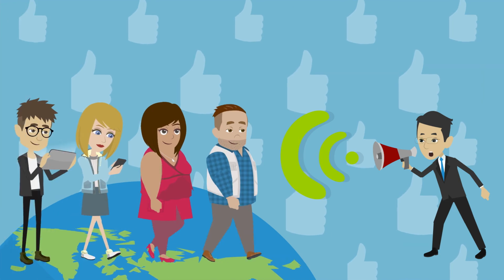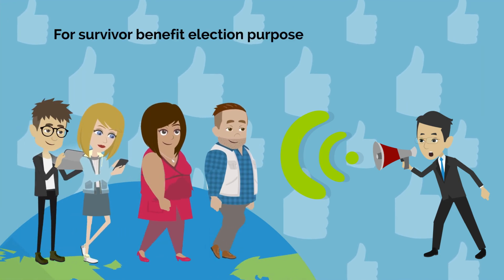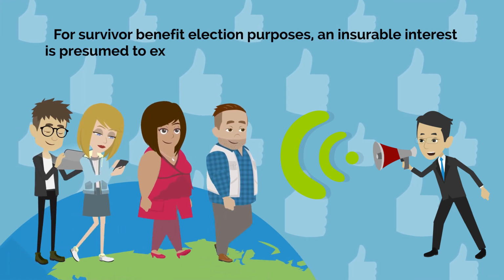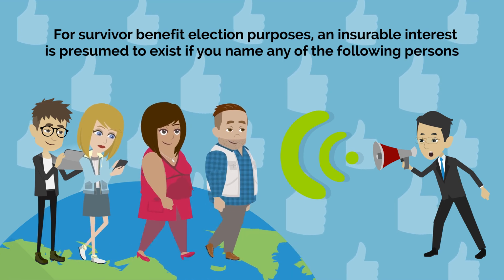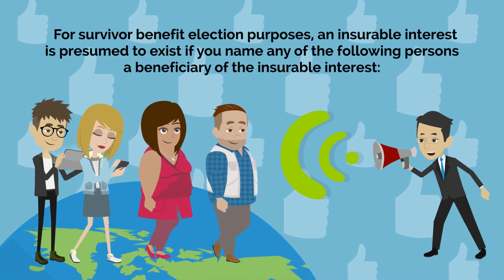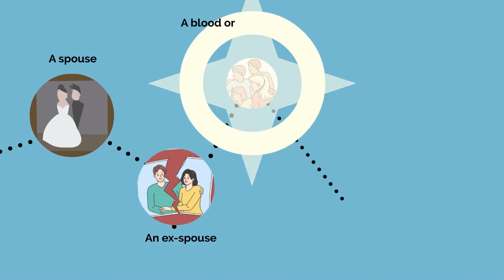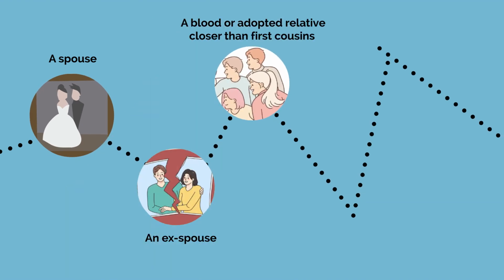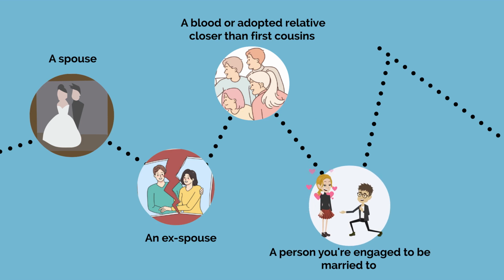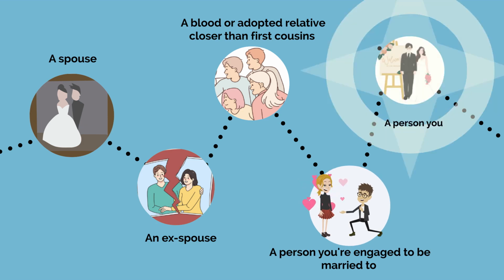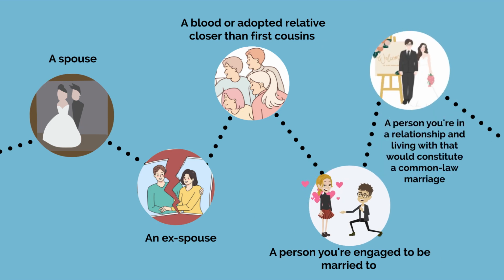For survivor benefit election purposes, an insurable interest is presumed to exist if you name any of the following persons a beneficiary of the insurable interest: a spouse, an ex-spouse, a blood or adopted relative closer than first cousins, a person you're engaged to be married to, a person you're in a relationship and living with that would constitute a common law marriage in a jurisdiction that recognizes common law marriages.